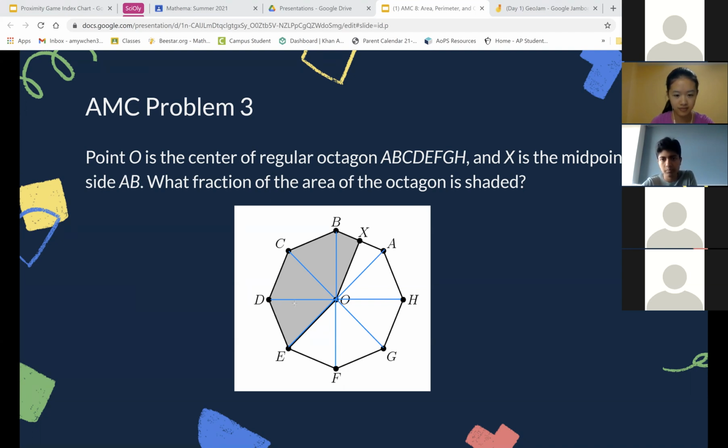So then you can just count how many triangles fit in the gray area. Overall it would be 8, and 3.5 triangles fit in the gray area, which is just 7/16. That's exactly how you do it. Got it. Does everybody understand?